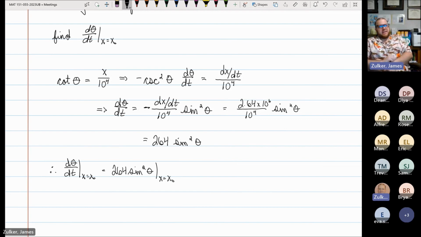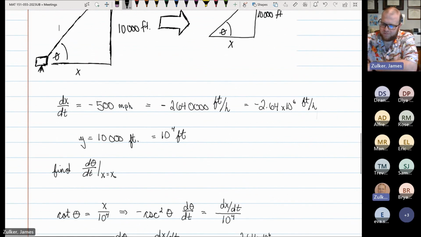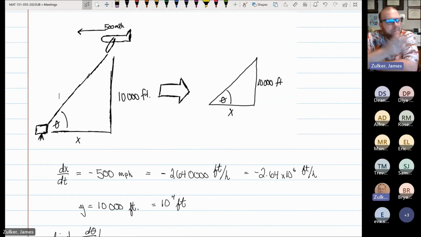Evaluating this, when x is some value x naught, we're going to get 264 times sine squared of theta evaluated at x equals x naught. What is sine squared of theta when x is equal to x naught? Well, come back up to the triangle.